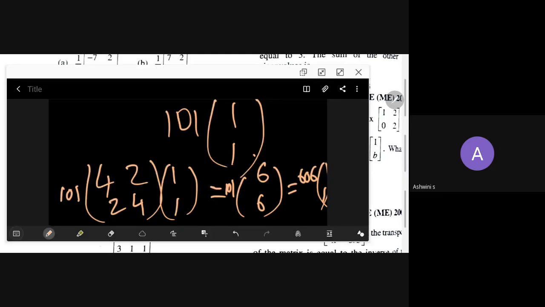53: for what values of alpha and beta do the following simultaneous equations have an infinite number of solutions? Can anyone quickly give the answer? For 53, see, infinite he is saying.